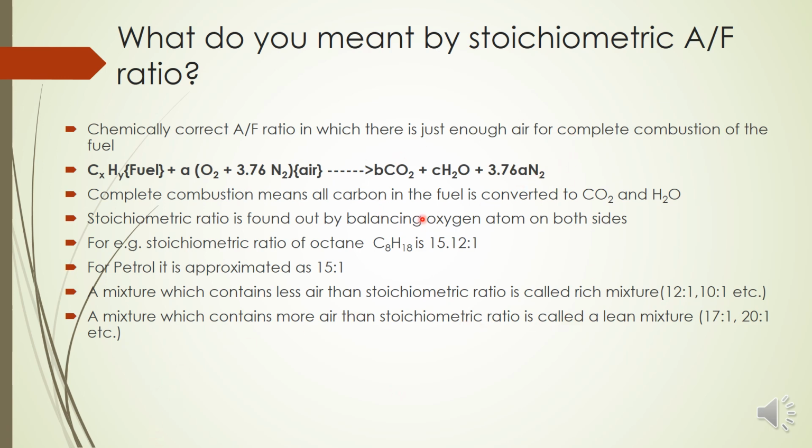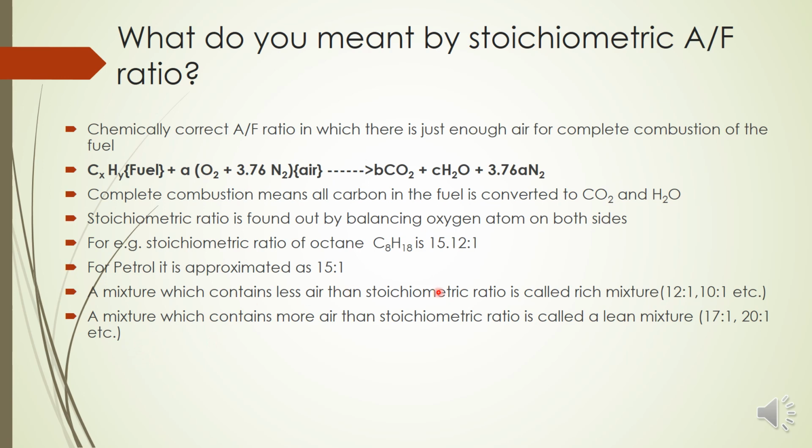What will be the product of a lean mixture? Carbon monoxide and hydrogen have no chance because we have more oxygen. So only carbon dioxide and water vapor will be there, but excess oxygen will also be there in the product, since we are supplying oxygen in excess.